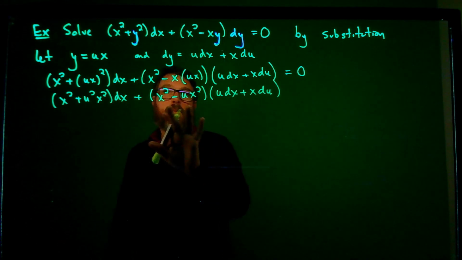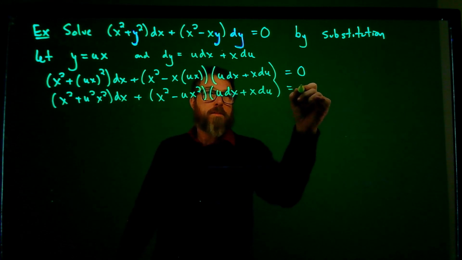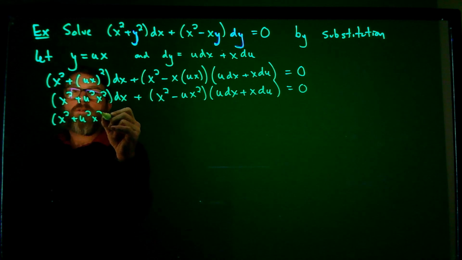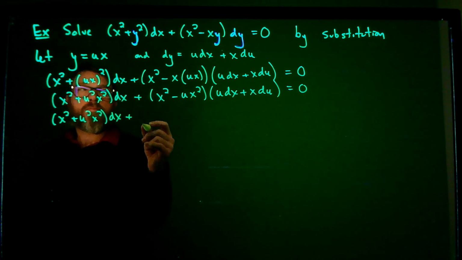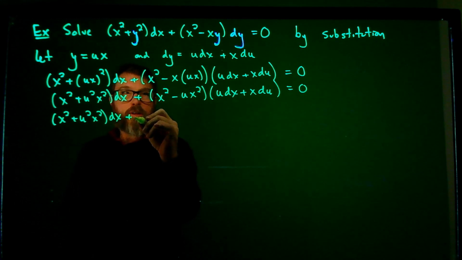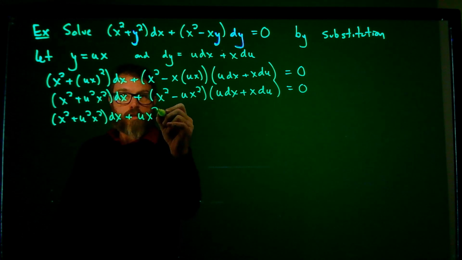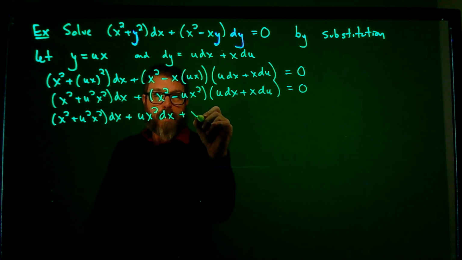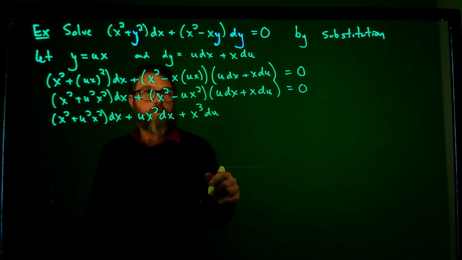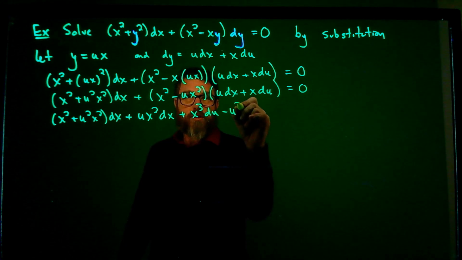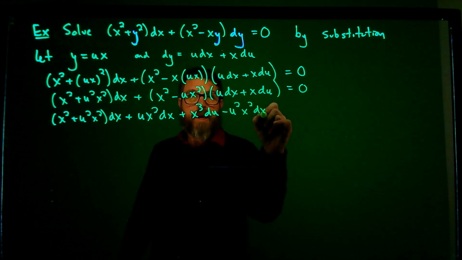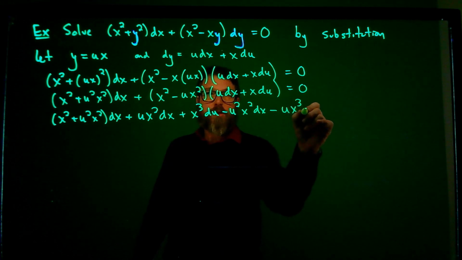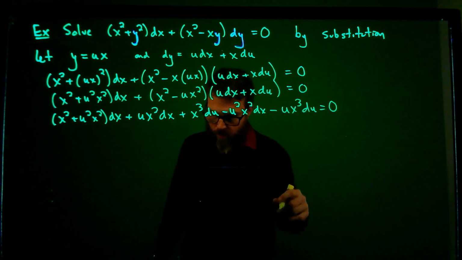Now I'm going to have to FOIL this. The first is going to be ux squared dx. Outside is going to be plus x cubed du. Inside is going to be minus u squared x squared dx. And last is going to be minus ux cubed du, and this is equal to 0.